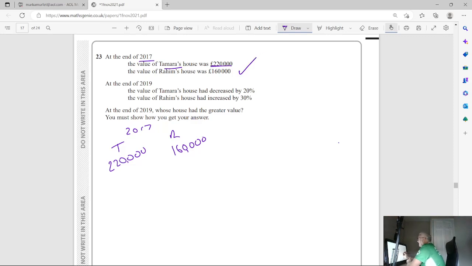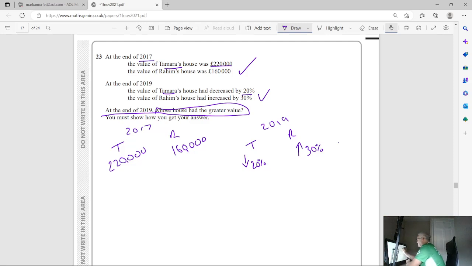Move on. At the end of 2019, Tamara's house had decreased by, gone down by 20%. Rahim's house had gone up by 30%. We've got that information down. Now the key question. At the end of 2019, whose house has a greater value?